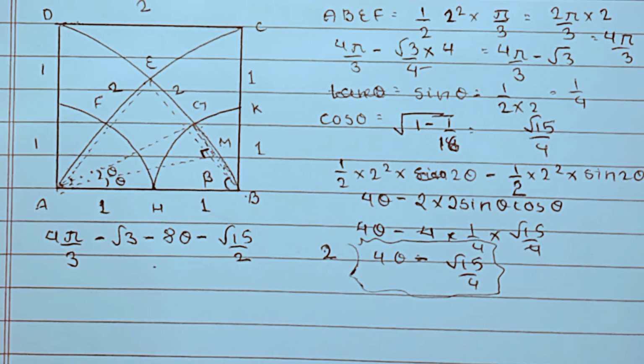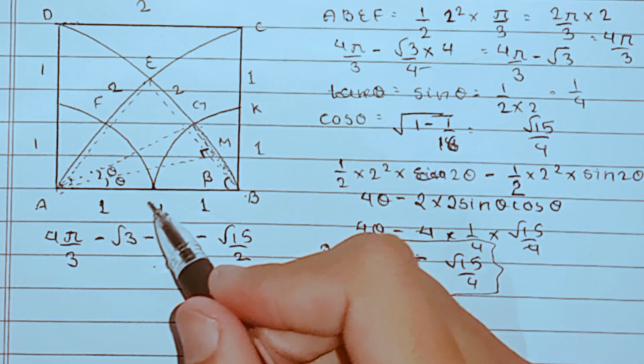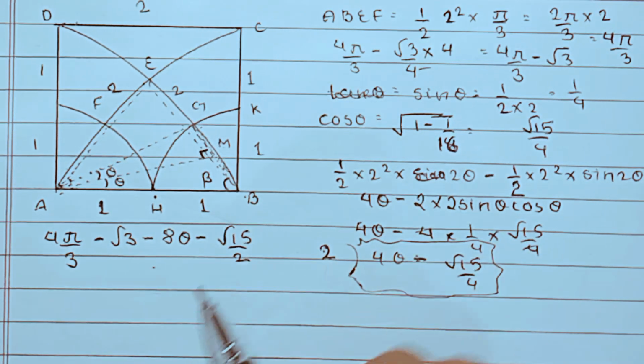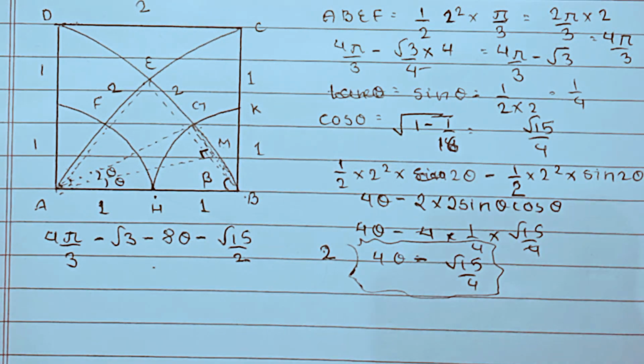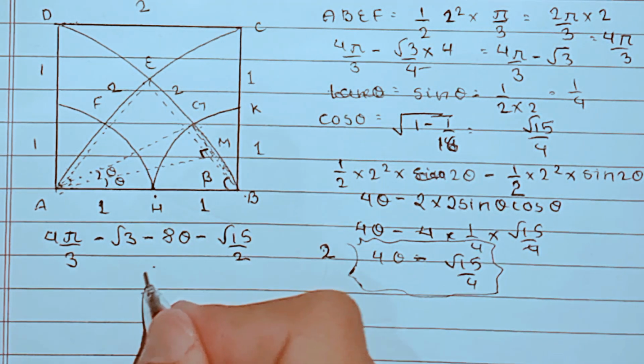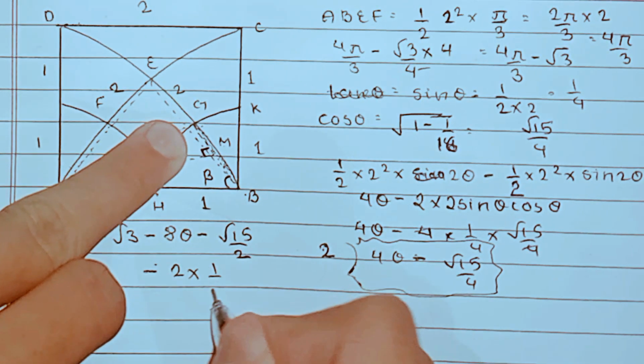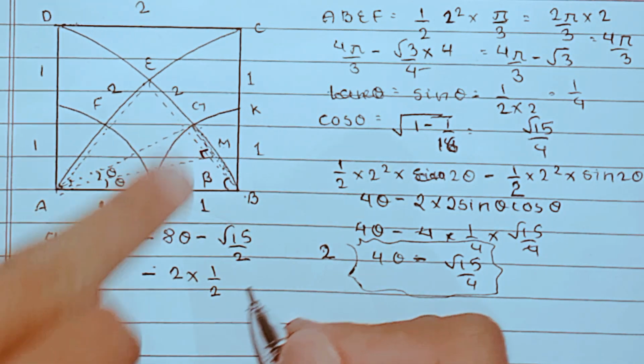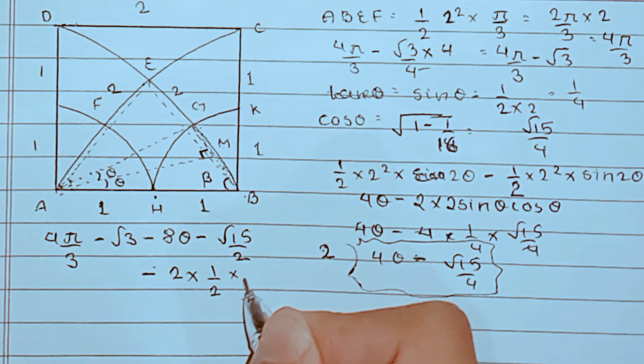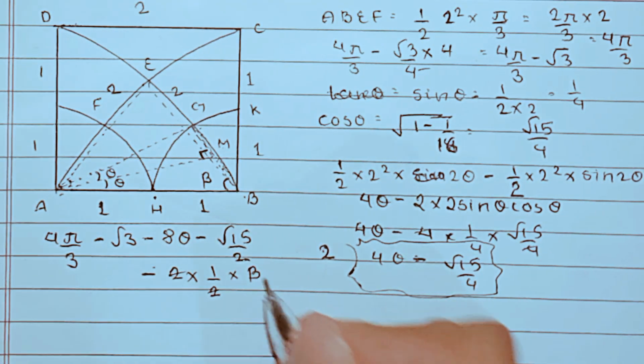Now what we will do is find the area of this sector HGB. For it we will use the previous formula, and we'll subtract it and again multiply by 2, into 1 by 2 r square, with radius 1 squared, into the angle between them, which is beta. So we'll get negative of beta.